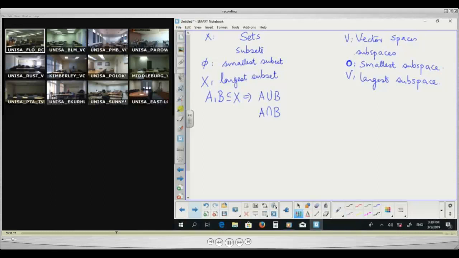Sub(V) is the set of all subspaces of V. So P, Q belong to Sub(V). So naturally, my question is, what is P union Q? What is P intersection Q? Okay? Let's see. We'll come back to this page.